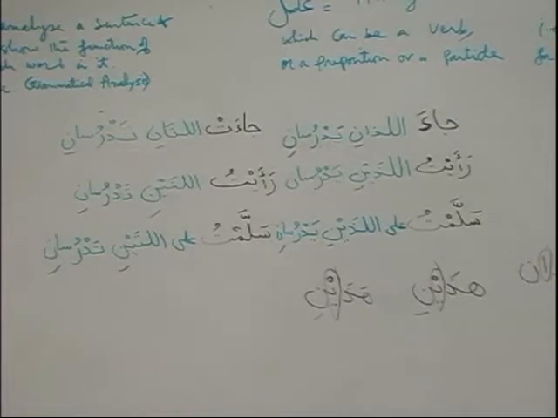Now, brothers and sisters, we come to group number 4. Asmaul istifham. We know a little bit about it. Remember, in the beginning we said a and hal are harfu istifham.